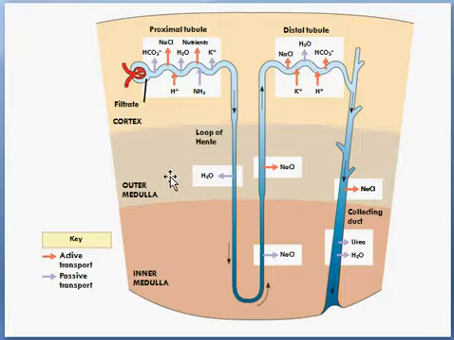So water leaves, and you would imagine if water is leaving, osmolarity should be increasing, making your filtrate more hypertonic, or more concentrated. So it makes your filtrate more concentrated on your descending limb. Now it goes around this loop of Henle up to your ascending limb, which is only permeable to salts, sodium chloride for example in this case.